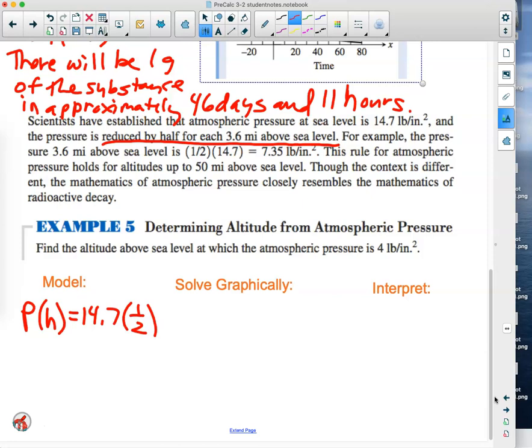So what am I doing with those numbers in order to figure out how many intervals there are? It's exactly the same as our radioactive substance, except that now it's 3.6. So I'm going to have to take my height and divide it by 3.6 to figure out how many of those increments I have. And again, they wanted us to figure out a specific pressure, which was 4 pounds per square inch.